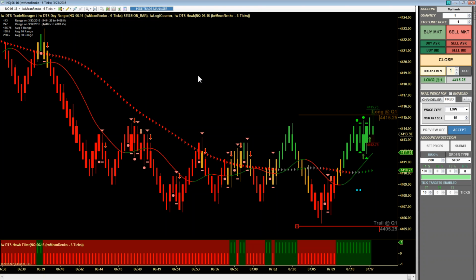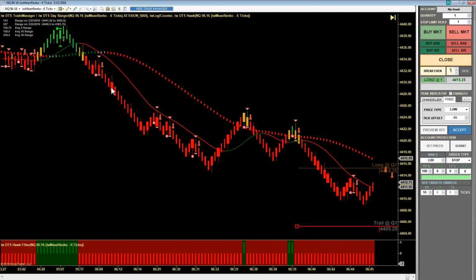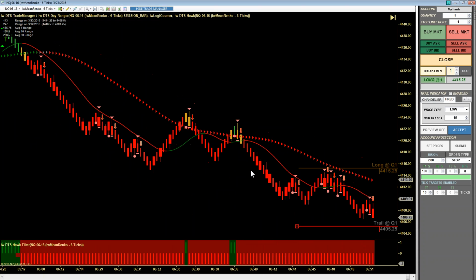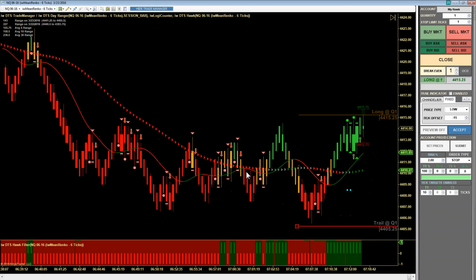What a lot of people don't realize is that when the market is trending, the volume is actually pretty light. See how thin these bars are when the market's trending? It isn't until the market starts to hit a serious support or resistance area that the bars get fat. And this really helps you identify where support and resistance is likely to be strongest.